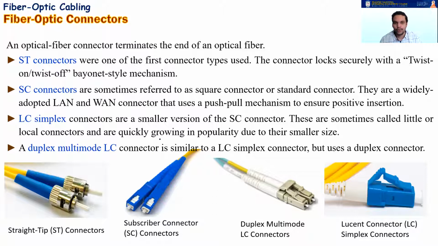You don't find most of these connectors available outside, just like your RJ45 connectors. You need to have expertise to work with optical fibers, because splicing them or connecting them properly requires expertise. If there is any problem, you might not get proper data transmission at all.